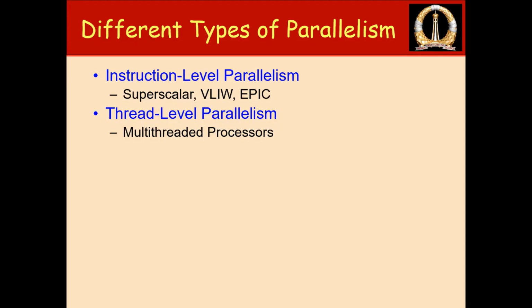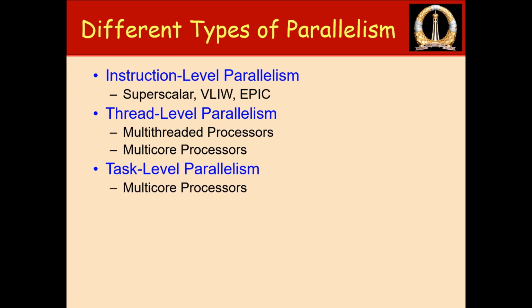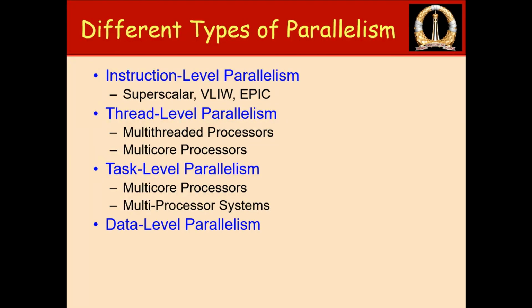So this is thread level parallelism that you are getting for free from the processor. There are multiple cores also, just like more threads. Then there is task level parallelism, where you write your code so that multiple things execute in parallel on different processors or different threads.